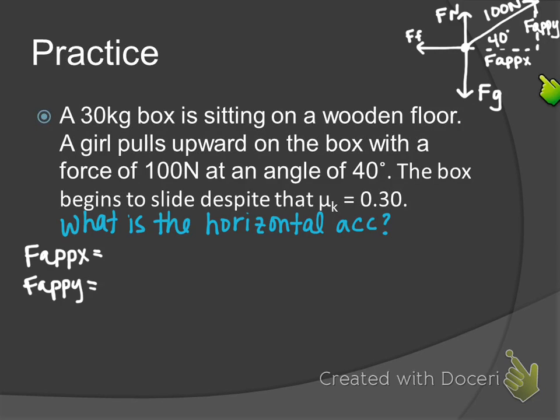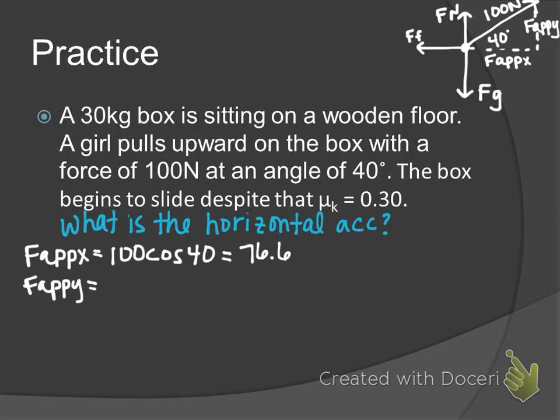All right, for x, are we going to use sine or cosine? Cosine, good. So we're going to take 100 times cosine of 40, and get 76.6.